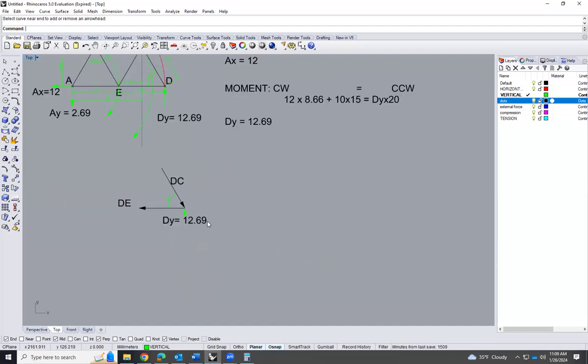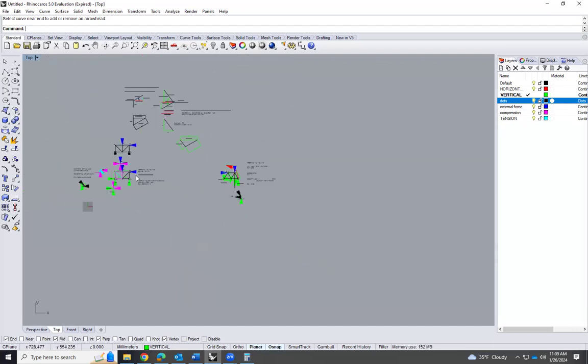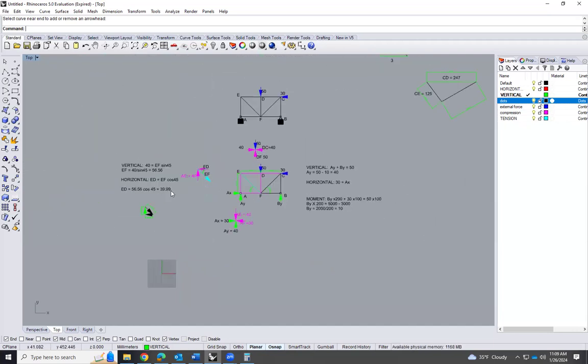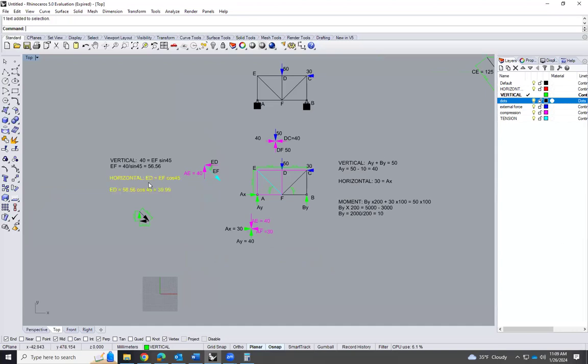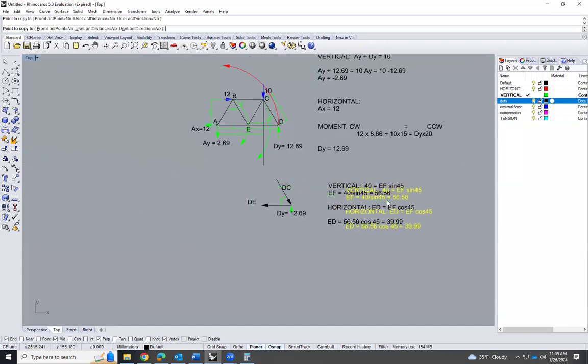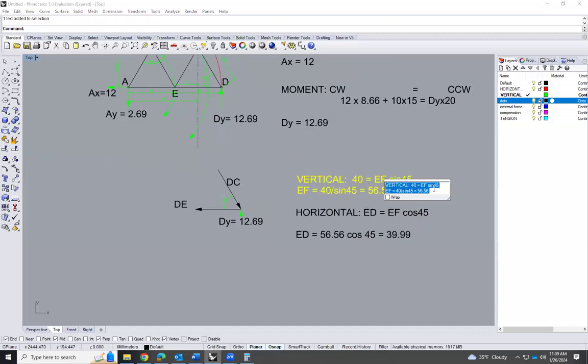Okay, so now equilibrium in these points. So I'm going to copy the vertical and the horizontal. Here.